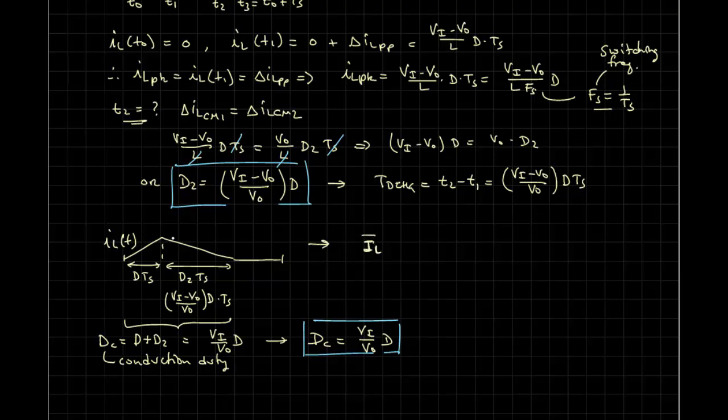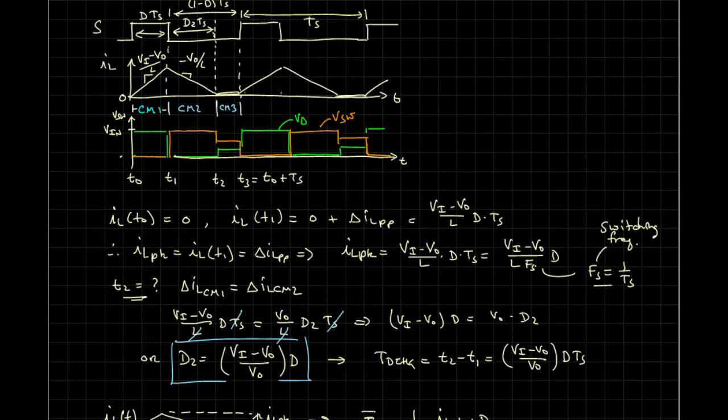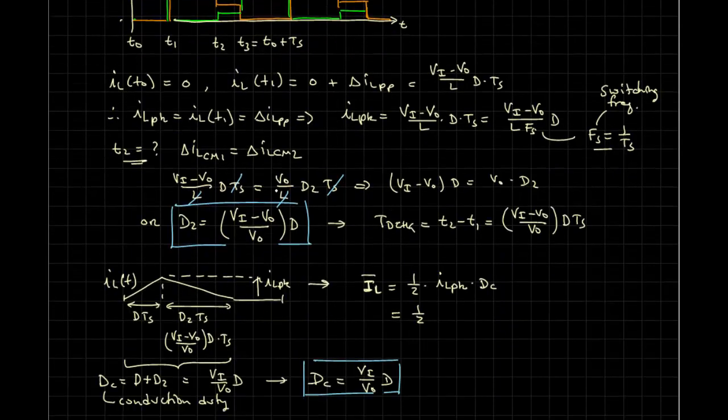The average current, where the peak here, IL peak, we have already found, we can write the average as being 1/2 times IL peak times, now we need the duty cycle, the conduction duty cycle. And this is equal to 1/2. What is IL peak? We have found IL peak. Did I not put a box around it right here?